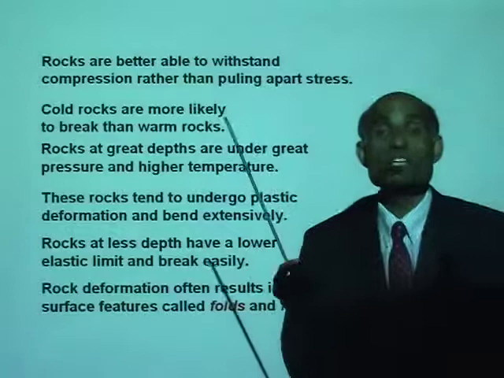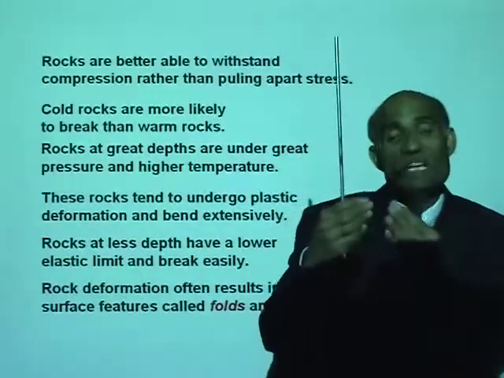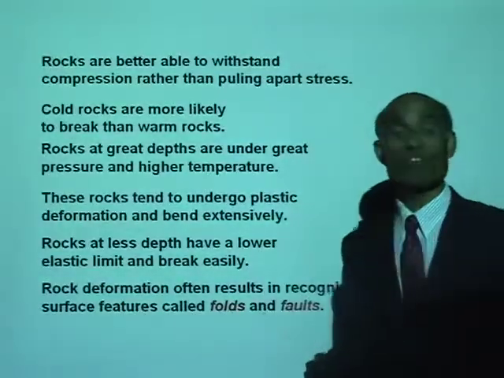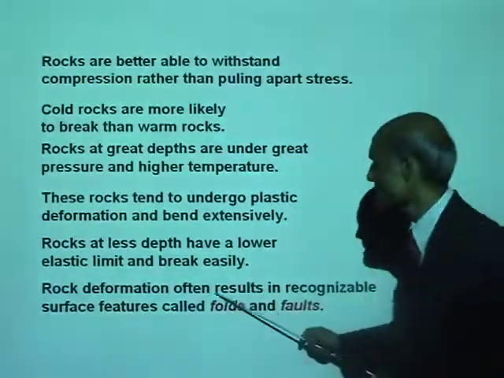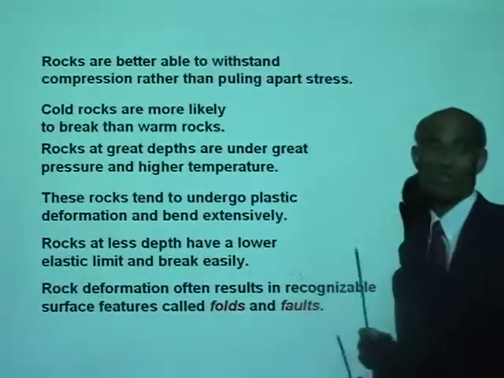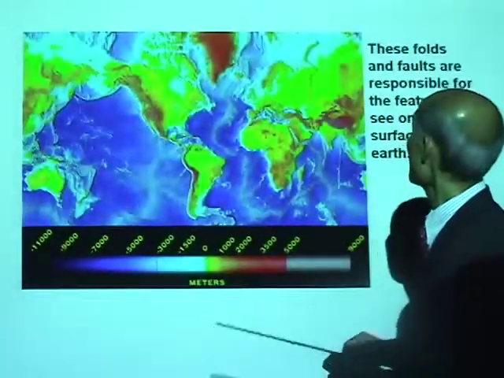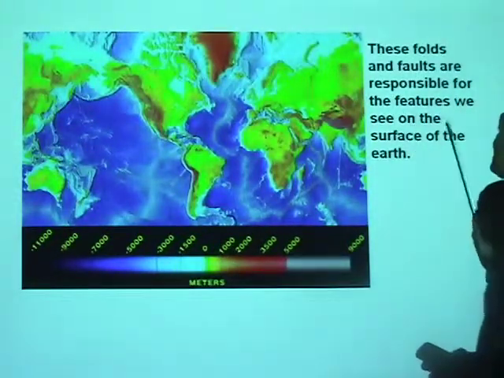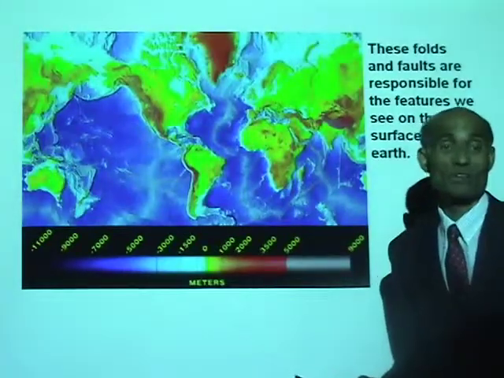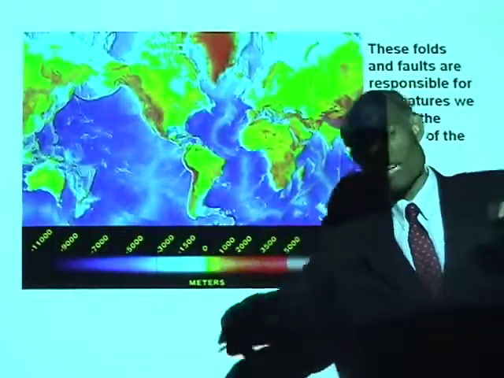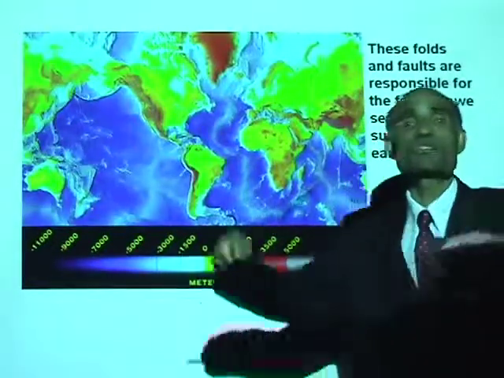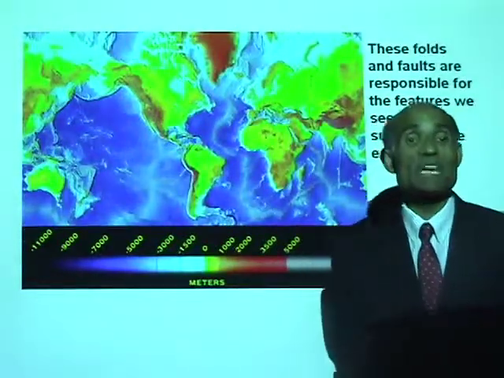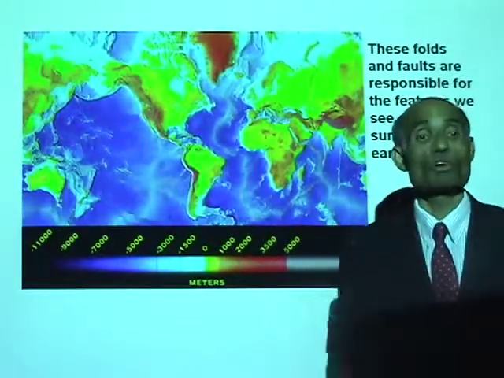A fault is where two rocks have been interfering and produce deformation, and similarly a fold. So we're now going to look at some types of folds and faults. These folds and faults are responsible for the features we see on the surface of the earth. You see all the elevated and depressed areas, big canyons and big high mountains. All these are features created by the folding and faulting of the rocks.